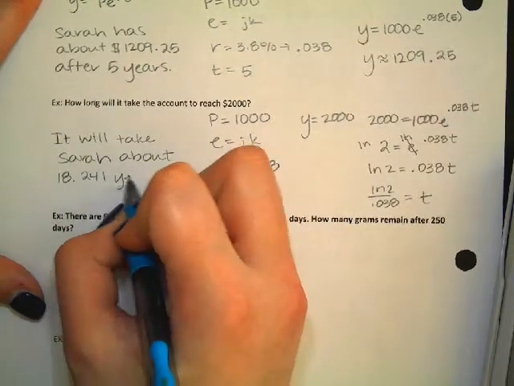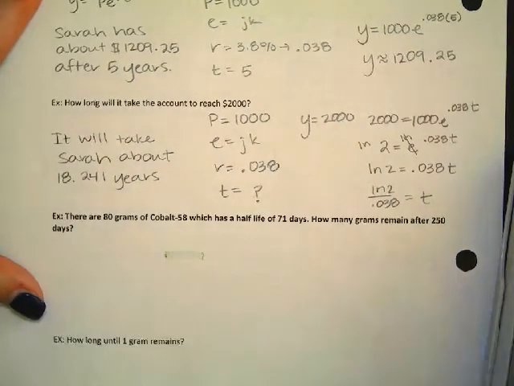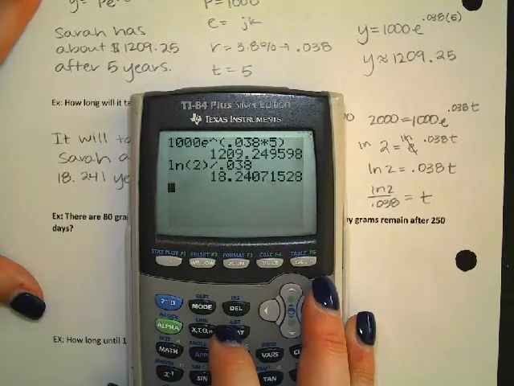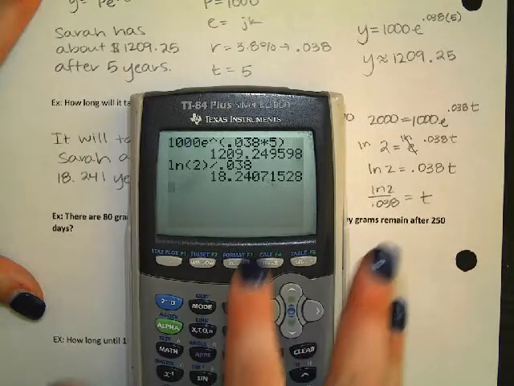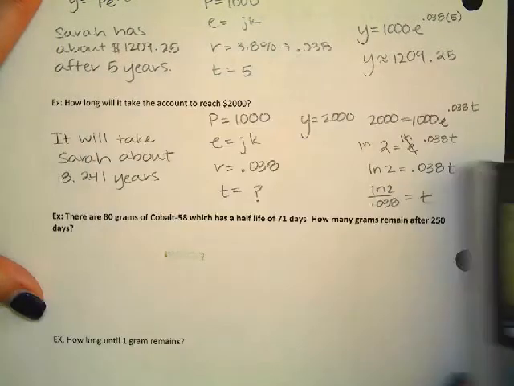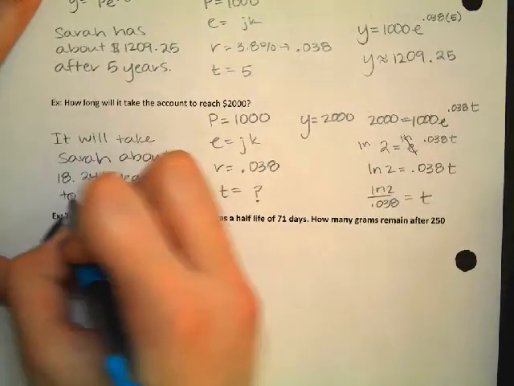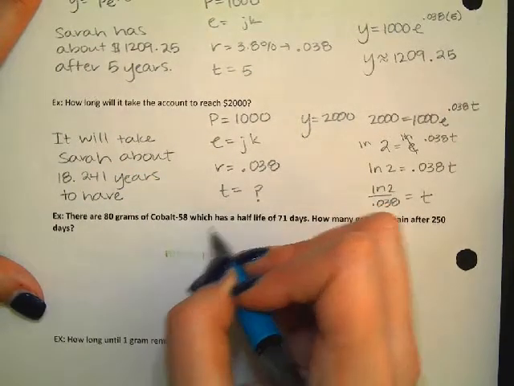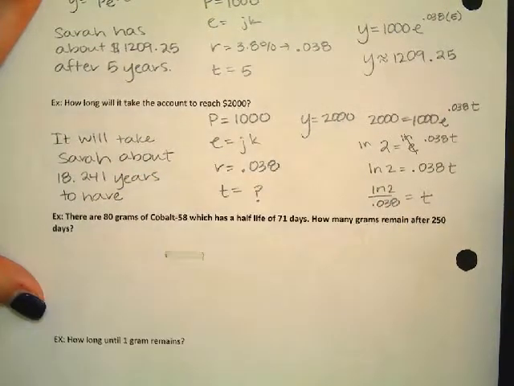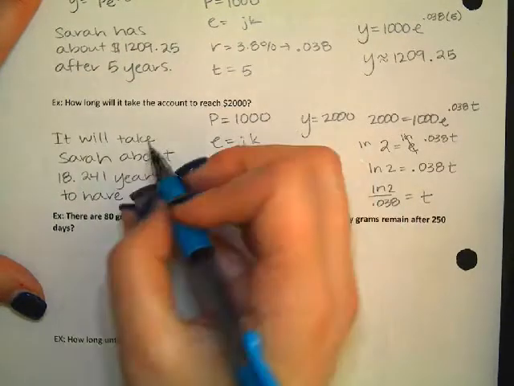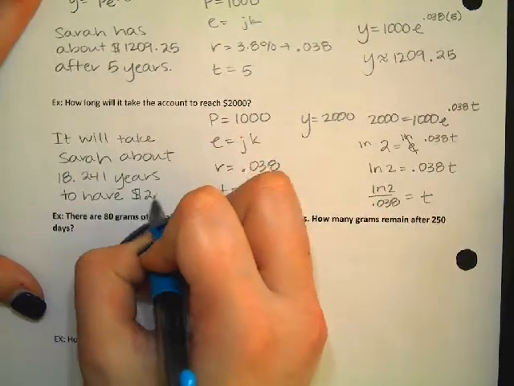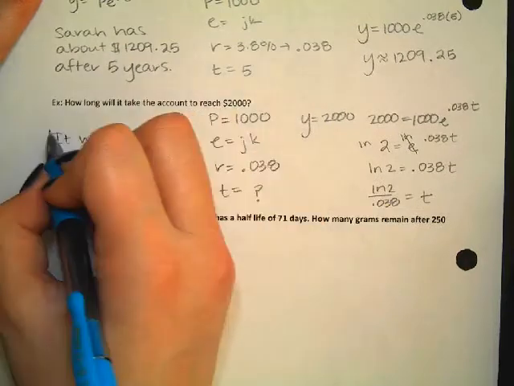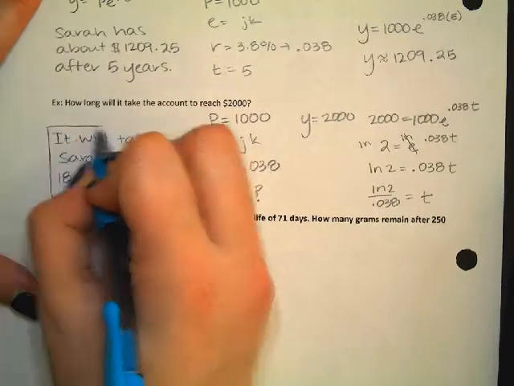Years. I plugged in ln2 divided by 0.038, 18.241. Yeah, but that's her making $1,000 of money that's not her own by earning just a very little bit at a time. So that's kind of reasonable. Yep. Without putting any more money in. Yep.